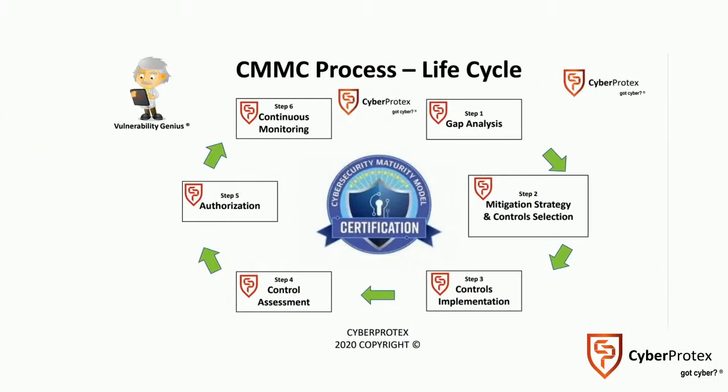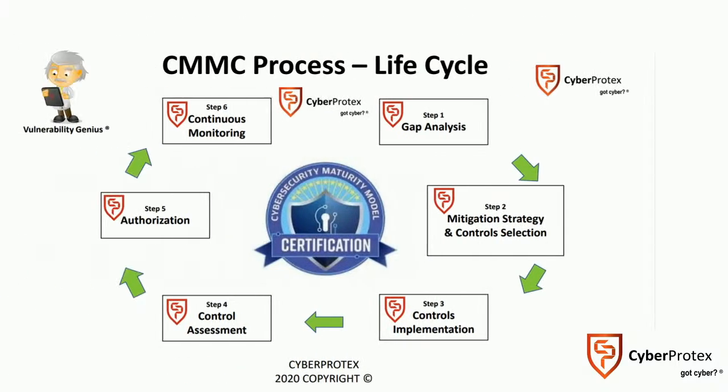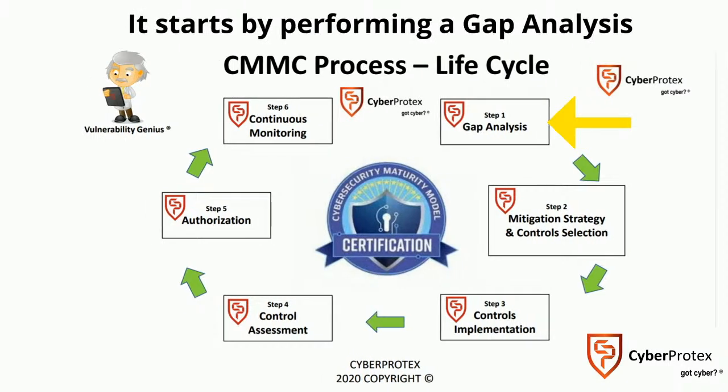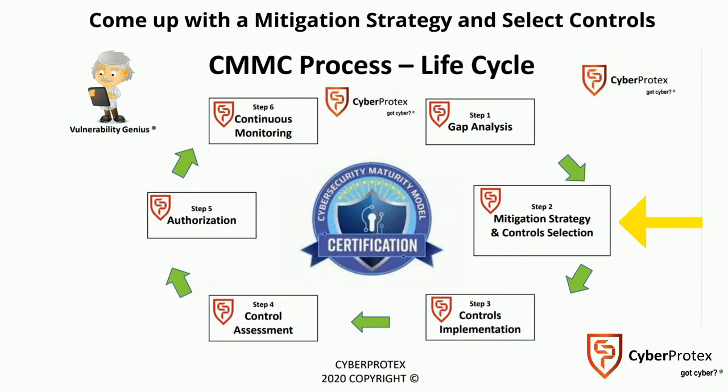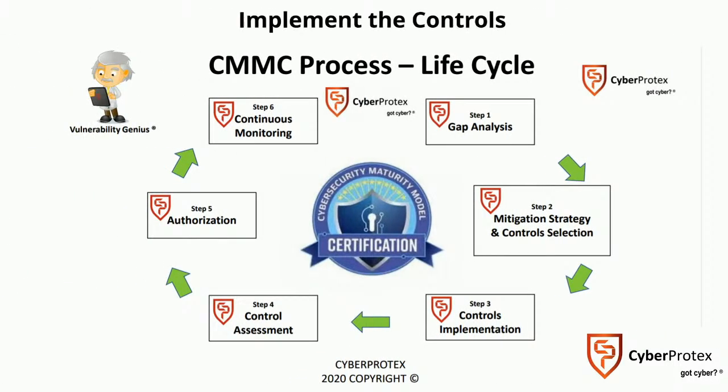Are you not sure where to begin with becoming CMMC compliant? CyberProtect has put together a CMMC lifecycle for success. This 6-step lifecycle process will help lead you to becoming CMMC compliant. First, begin by performing a gap analysis. This is where you can find out where your deficiencies are and what you need to implement. Next, come up with the mitigation strategy and select controls to become compliant. Probably one of the longest tasks that will take is to implement the controls.